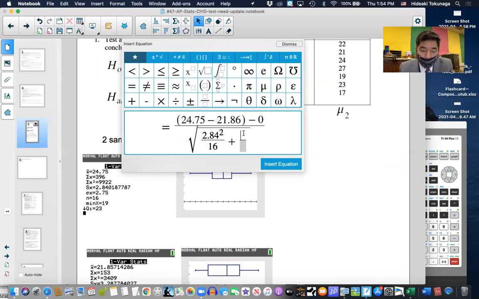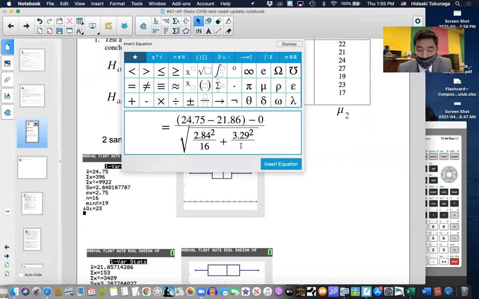The other standard deviation, I can't read here, I think 3.29, squared. And I didn't count how many: 1, 2, 3, 4, 5, 6, 7 students.